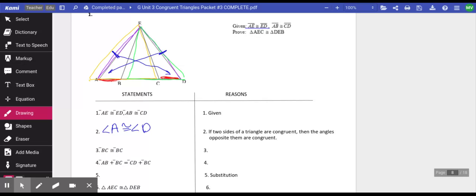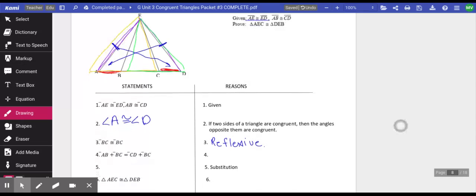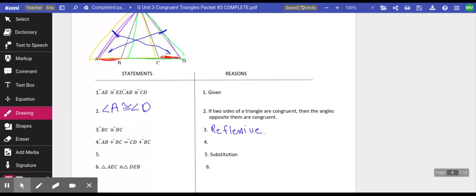Then it's saying BC is equal to BC. Well, whenever it's something equal to itself, it's reflexive. Then what did I do here? I added. So that's addition. So now we need to look. What do I get when I add AB and BC?